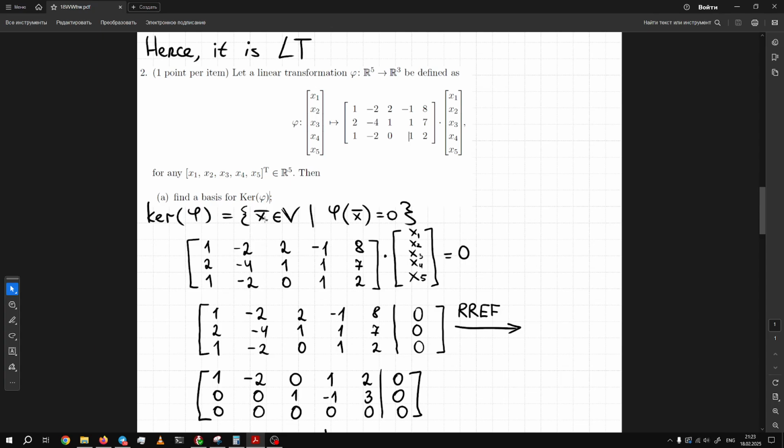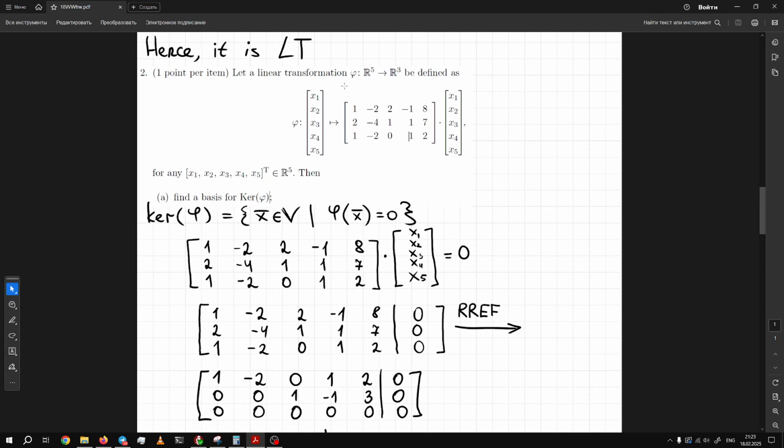So this is all vectors from V when after transforming them they are equal to 0 in our space W. So I hope it's clear for you. So let's now move on and solve exercise number 2.